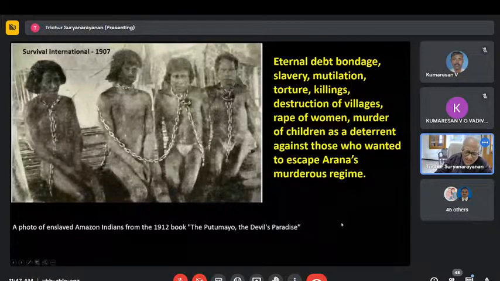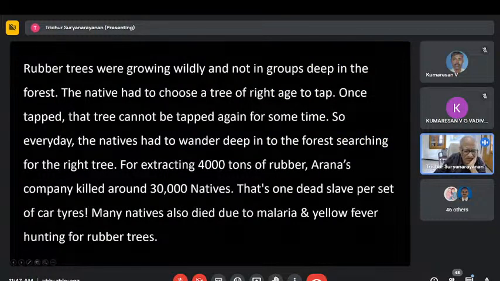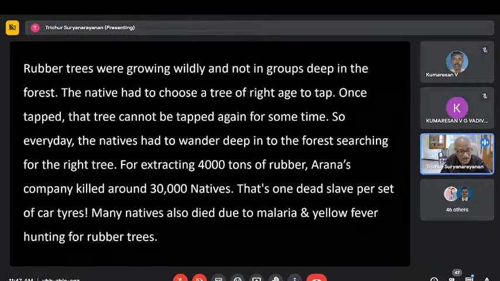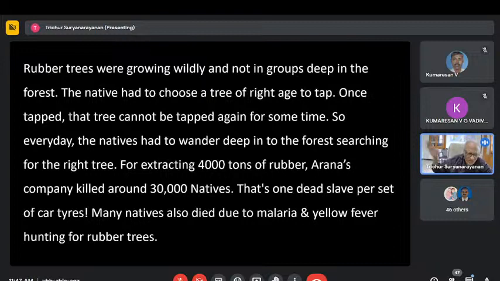So it was a very deadly thing that happened. Now, as I mentioned, rubber trees were growing wildly and not in groups, deep in the forest. The natives had to choose a tree of the right age to tap. Once tapped, that tree cannot be tapped again for some time. So every day, the natives had to wander deeper and deeper into the forest, searching for the right tree.